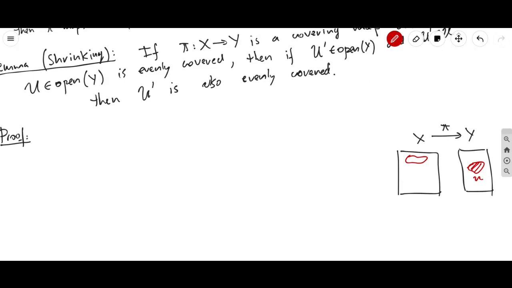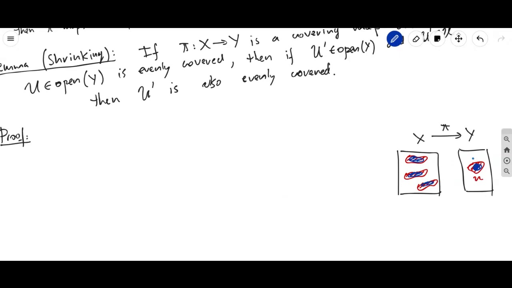So I'm just going to draw 3 of them. You have 3 path components in X, and each of these 3 path components gets mapped homeomorphically to U using this map. So if you pick something smaller and you pull it back, you get these 3 pieces, and the smaller piece will just give you a smaller piece over here.